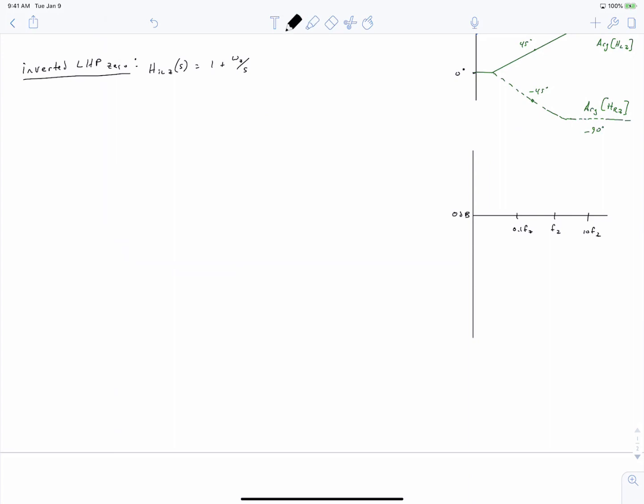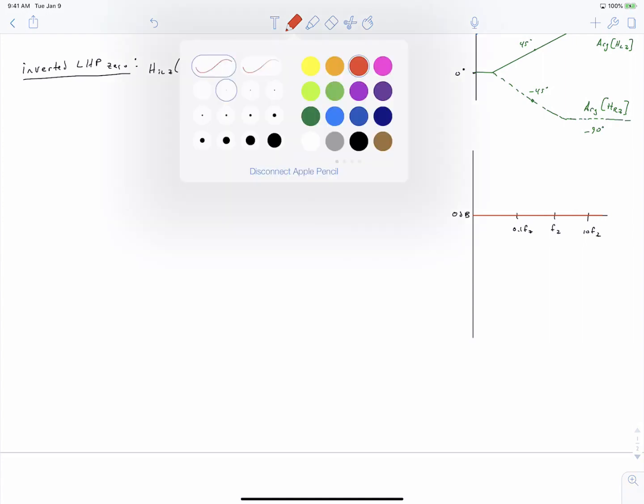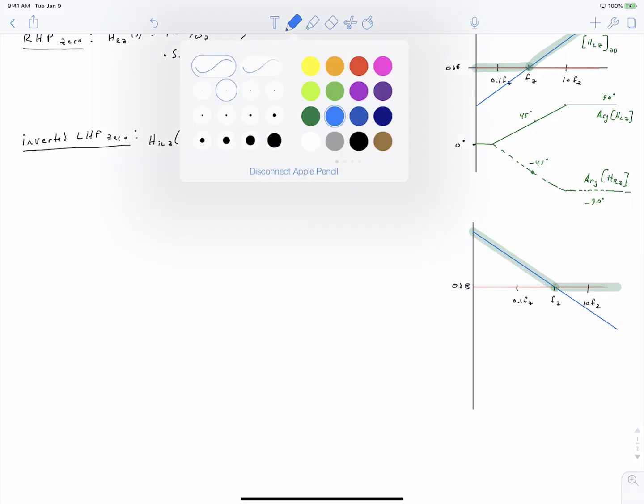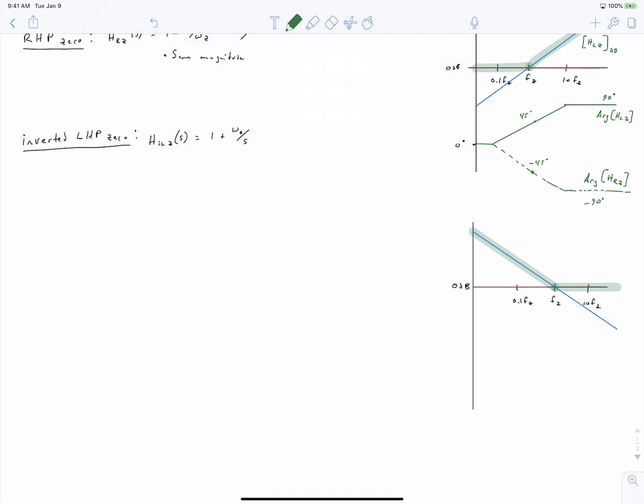And so in this case, we'll again draw the graphical interpretation for how we constructed this. So we have the Bode plot of 1 is 0 decibels and an angle of 0 degrees. And the Bode plot of ω_z over s is constantly decreasing. So when we add these two, we take the larger of the two paths, and we have a transfer function that looks like this.